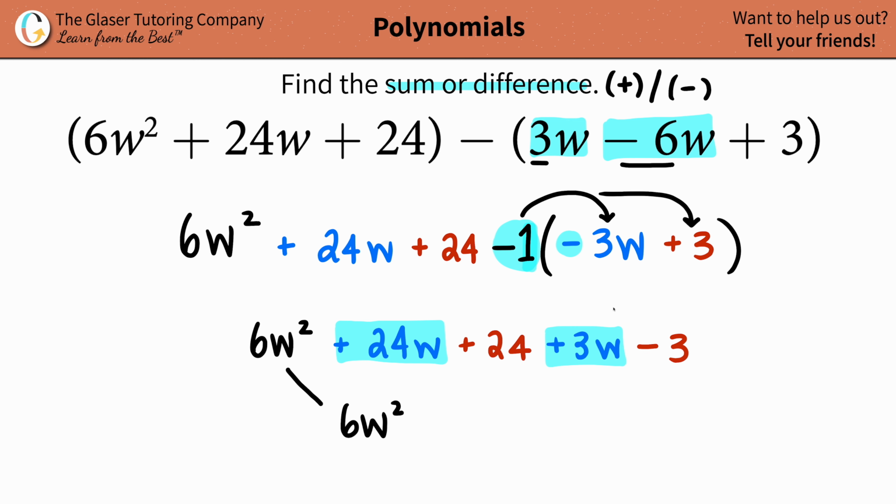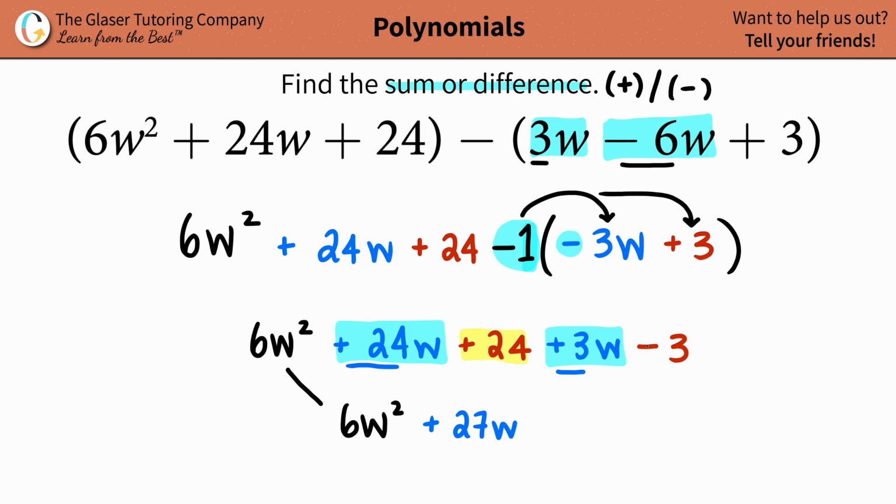Polynomials are a little tricky, because you just got to look at those signs. But you guys got this. Let's go, right? Plus 24, so a positive 24 plus 3. 24 plus 3 is, you got it, 27. So plus 27w.